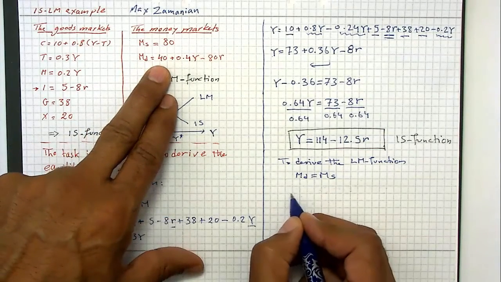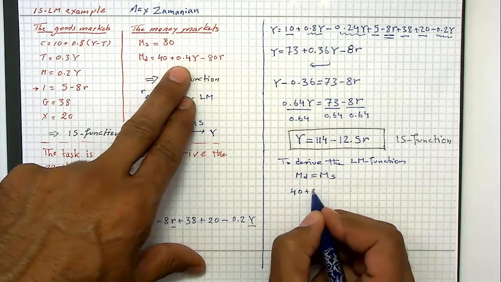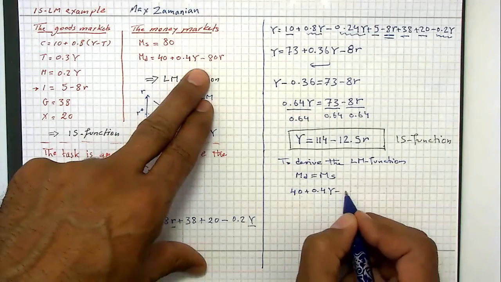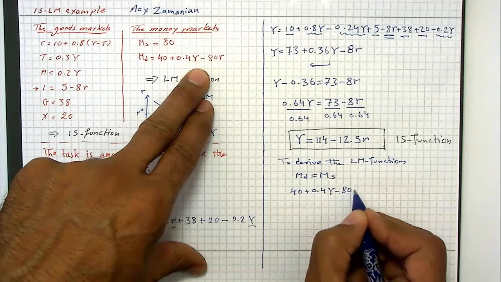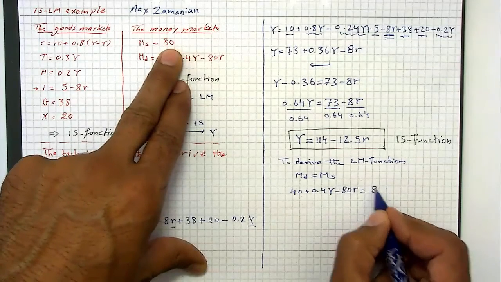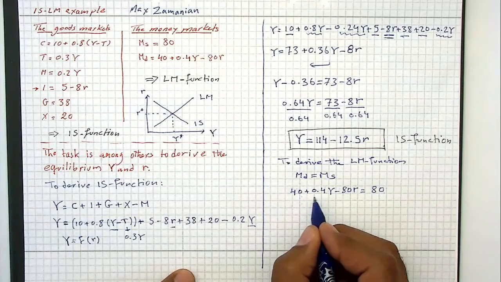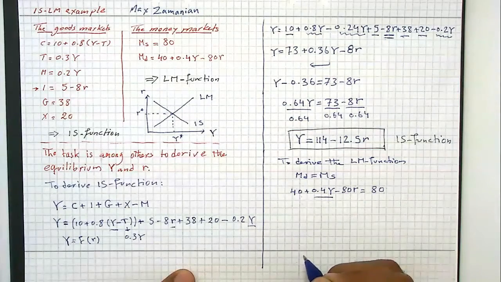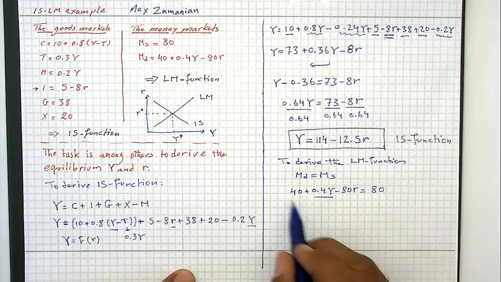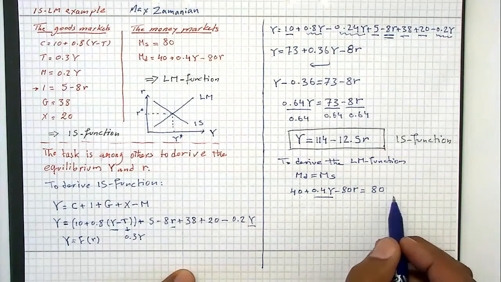First, money demand, 40 plus 0.4 y minus 80 r. Then money supply, right hand side, it's 80. Again, we try to isolate the term with y on the left hand side and all other terms with constant and including r on the right hand side.